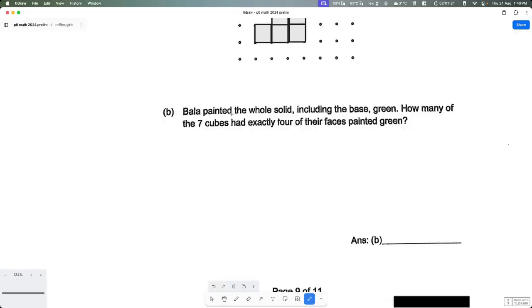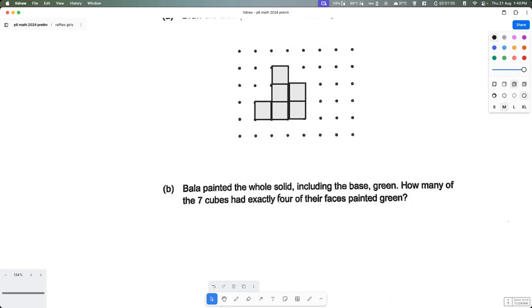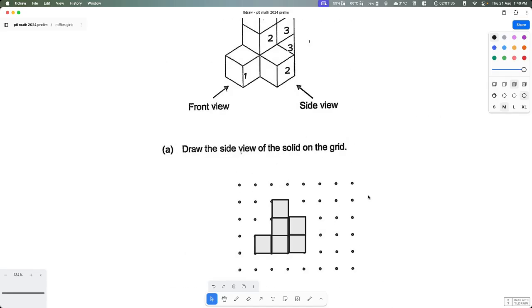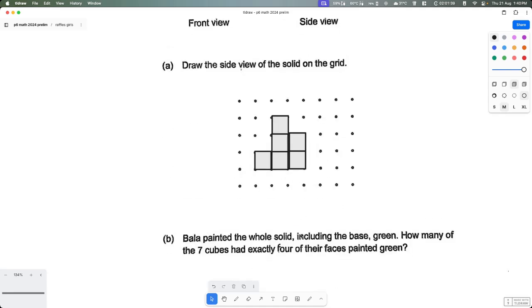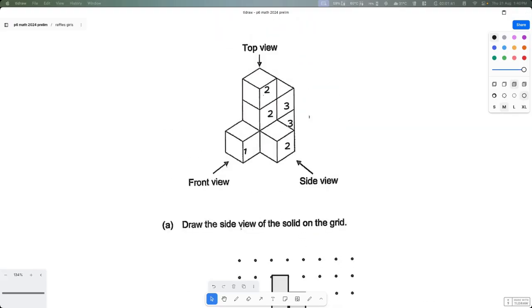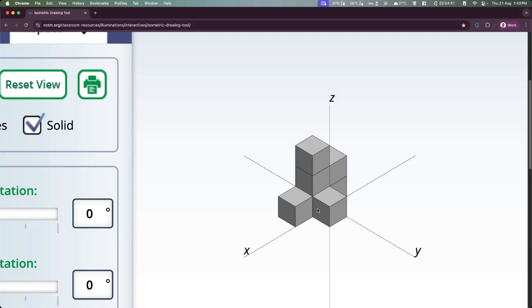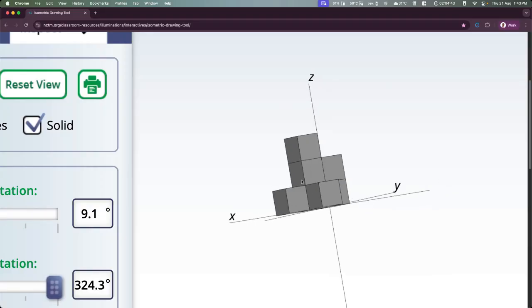Bala painted the whole solid, including the base, green. How many of the 7 cubes have exactly four of their faces painted green? Let's go over here and see which have four faces painted green. I've drawn a 3D model of this.